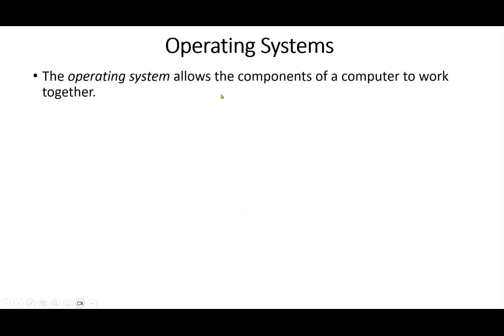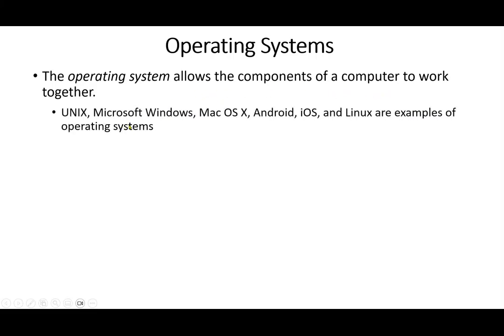Operating systems allow the components of a computer to work together. Some examples of operating systems are Unix, Windows, Mac OS, Android, iOS, and Linux.